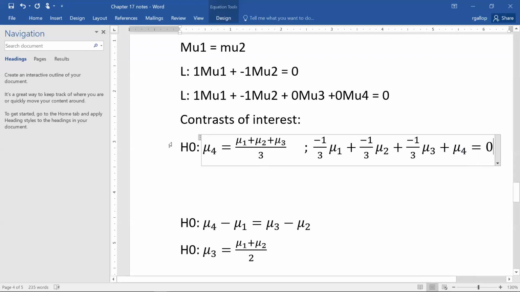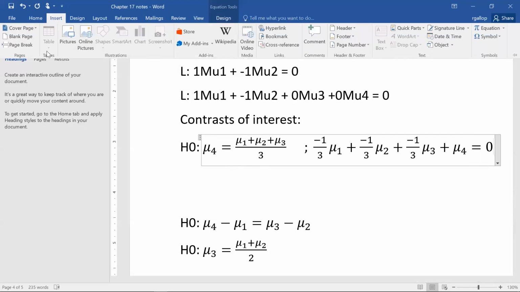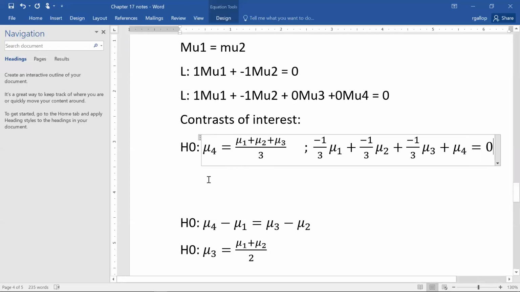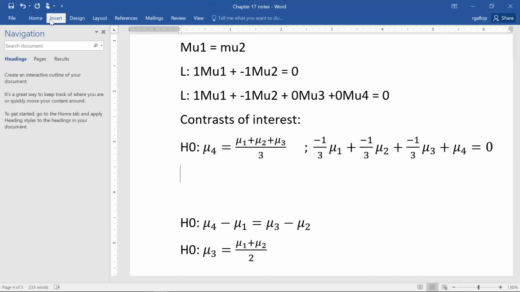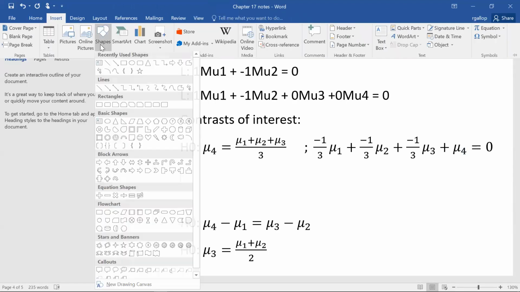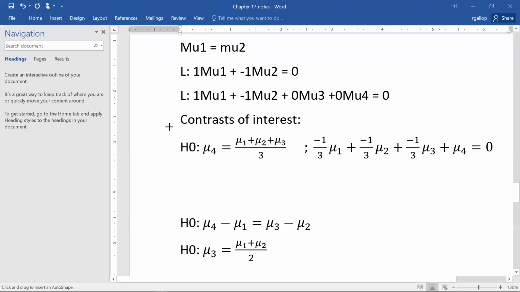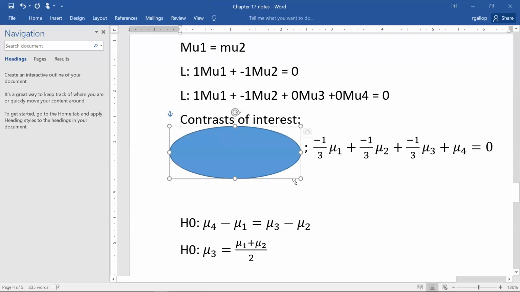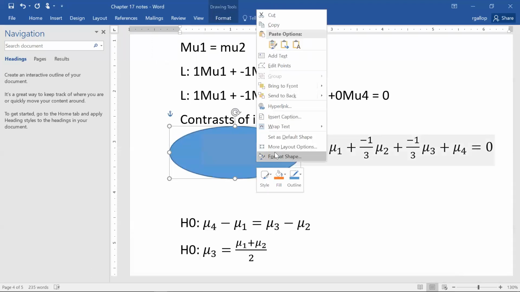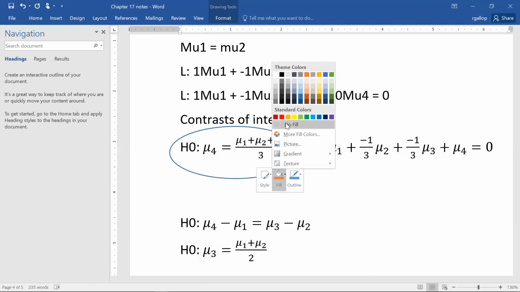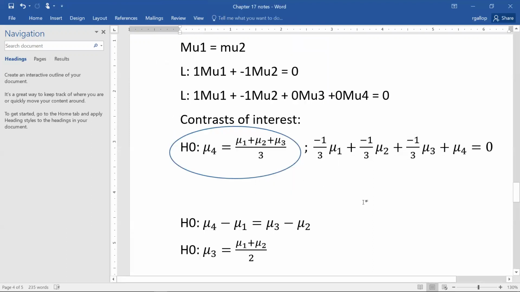I prefer this form of it rather than this form of it. I think of the contrast written this way, but mathematically, this is the equation of the contrast.